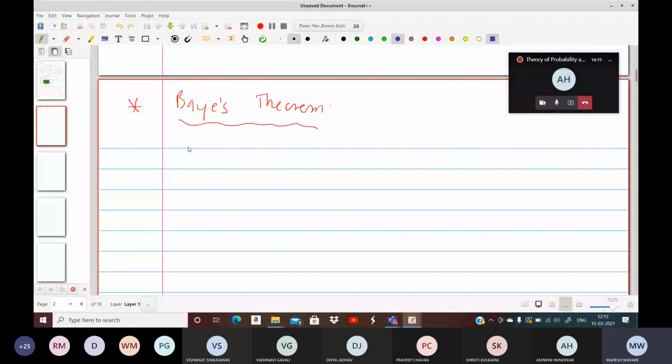So if B1, B2, up to Bk constitute a partition of the sample space S, you are going to apply the total rule of elimination here, where the probability of Bi must be non-zero for every i equal to 1, 2 up to k.